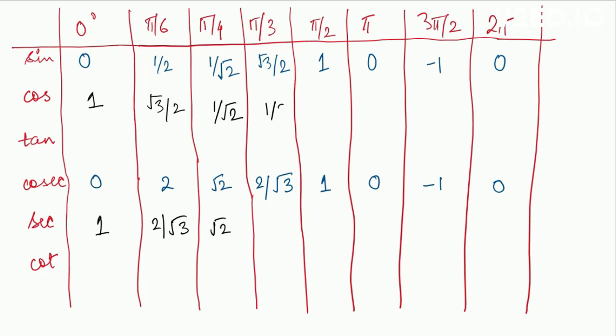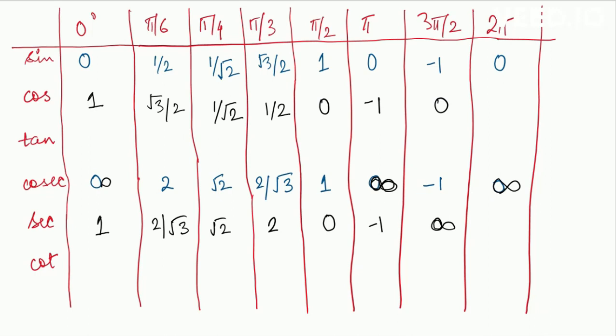Cosec values will be the reciprocal of the values obtained for sines. Similarly, cos values are written and sec values are the reciprocal of the cos values. Cosec 0 is non-defined.